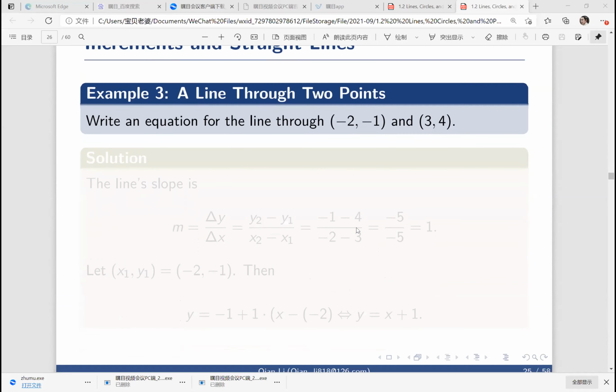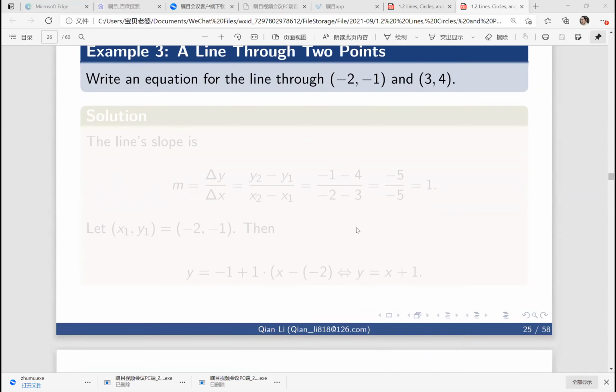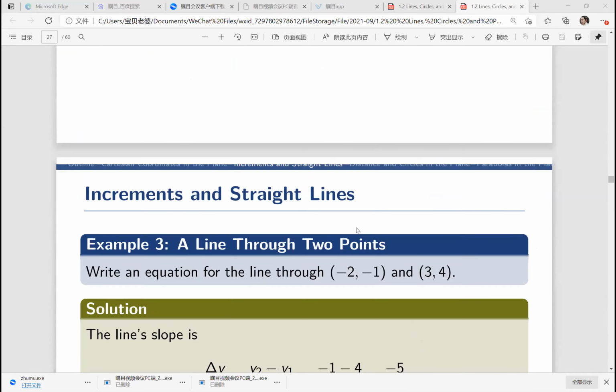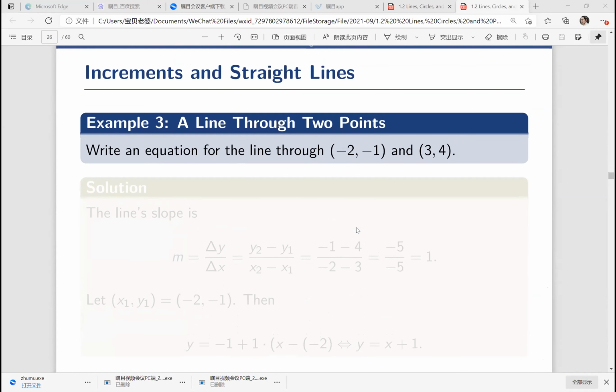The second equation means if we know a line passes through 2 points, how can we write the equation of this line? Let's see. Write the equation for the line that passes through the points -2, -1 and 3, 4. Can you write the equation of this line?